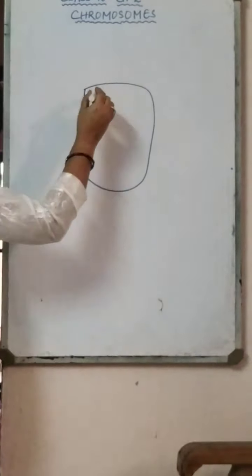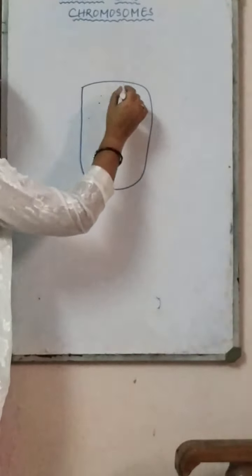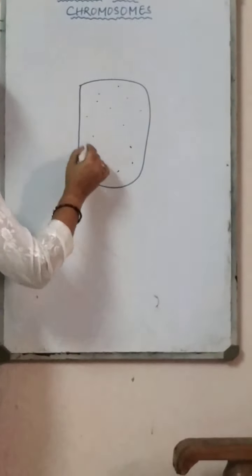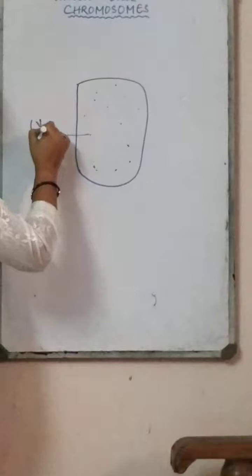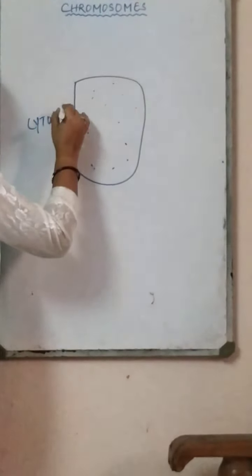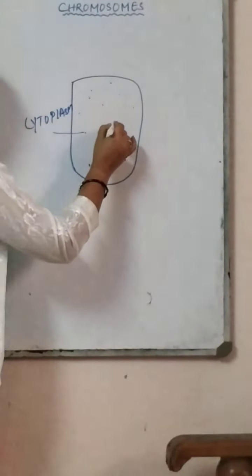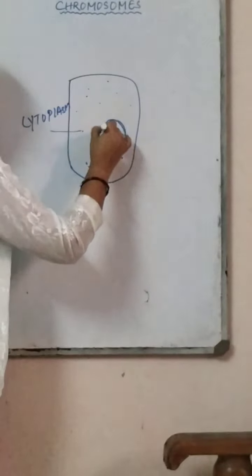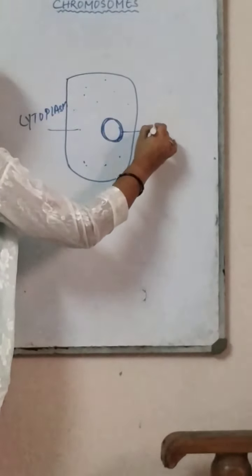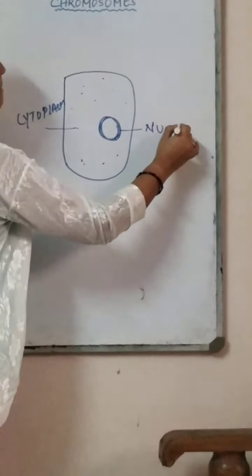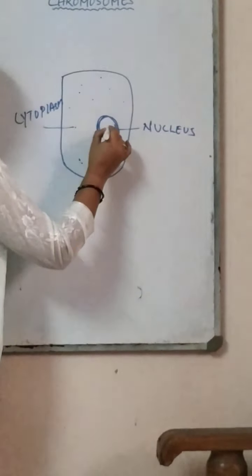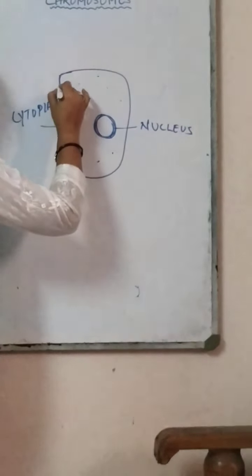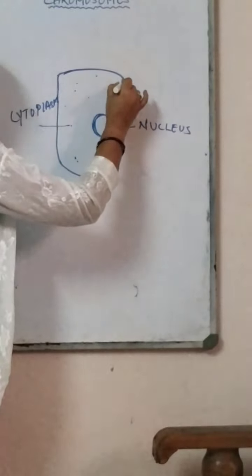That is, the cell is filled with a gel-like substance called cytoplasm. The cell has a dark spotted body at the center called the nucleus, and the cell is surrounded by an outer covering called the cell membrane.